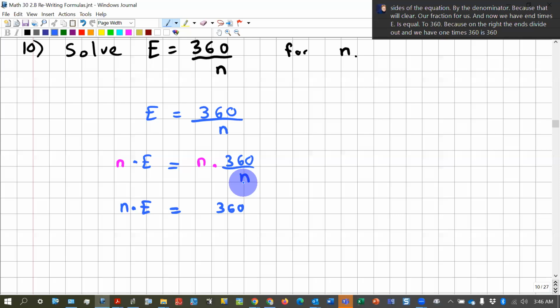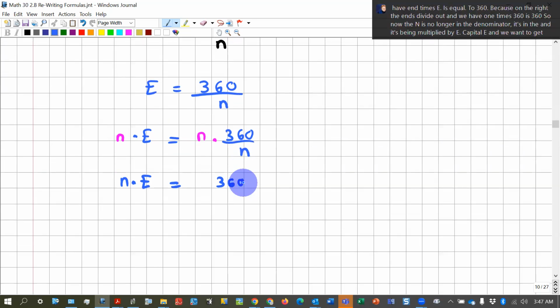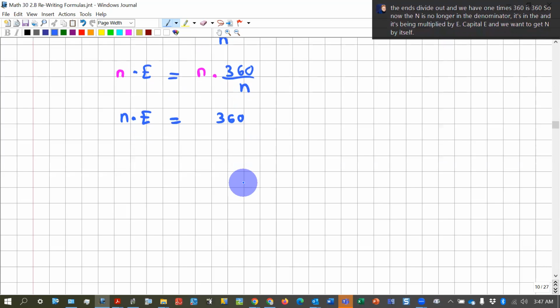So now the n is no longer in the denominator, it's in the numerator. And it's being multiplied by e, capital E, and we want to get n by itself. So we need to undo the multiplication with a division.